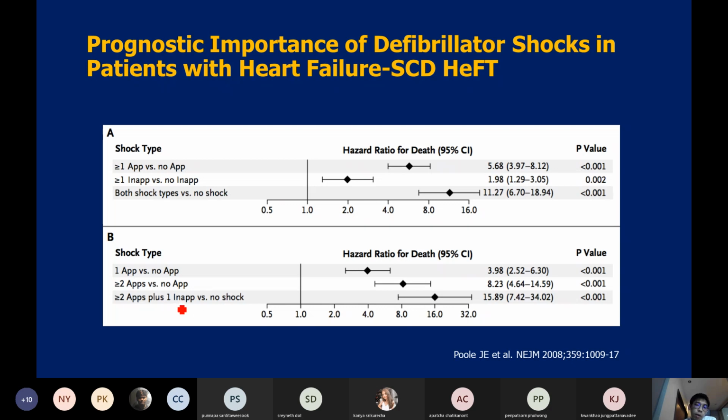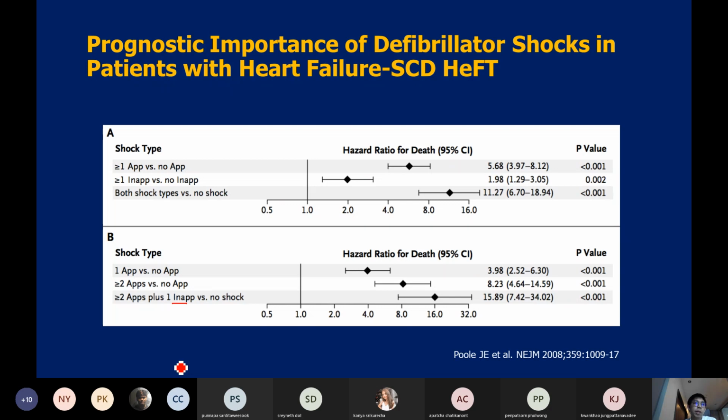I'm going to explain this one. Inappropriate shock means that the defibrillator gives shock therapy in a patient who doesn't need a shock. Maybe the defibrillator has false noise or some external noise that interferes with the function, and it delivers a shock because it misunderstands that the noise is VT/VF.